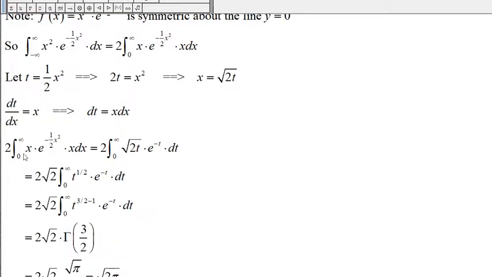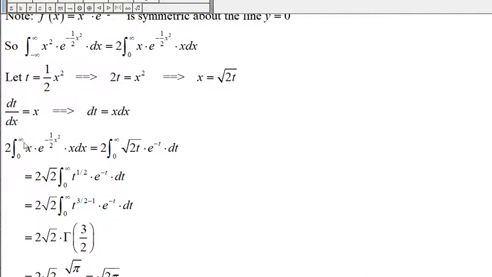And so in this integral, x is the square root of 2t. This will become e to the negative t, because 1 half x squared is t, and x dx is dt. T is equal to 1 half x squared, so when x is 0, t is 0.